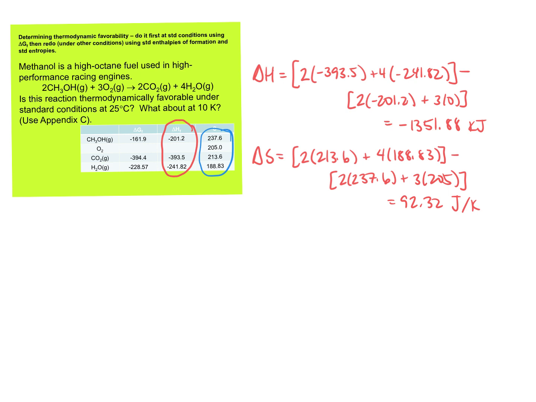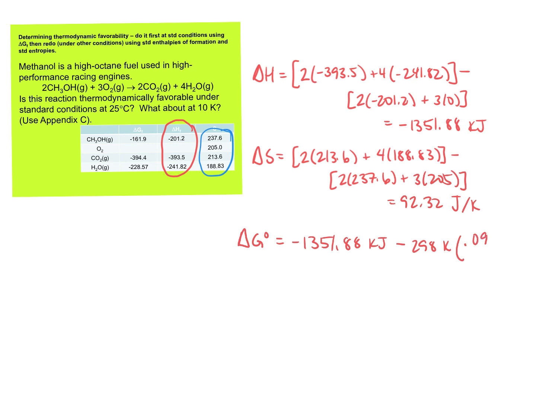Okay, so now the question is asking you to find if the reaction is thermodynamically favorable under standard conditions at 25 degrees Celsius. So we can go ahead and put these together, and we can say that delta G is equivalent to negative 1351.88 kilojoules minus T. The temperature would be 298 Kelvin, and then delta S. And we need to convert this to kilojoules so that we keep our units consistent.